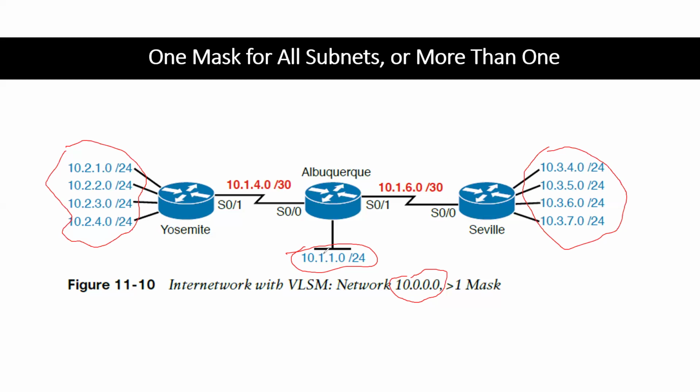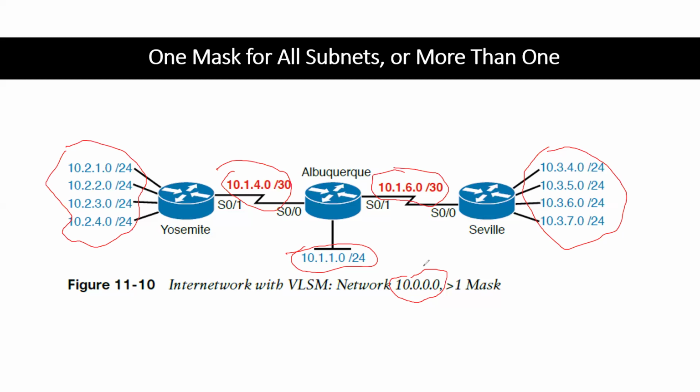Because you see 10.1.1.0/24, there's no continuation, so we have room for more. We went ahead and used it on our WAN, so we have a 10.1.4.0/30 for the connection between Yosemite and Albuquerque. But we still have some left within the 10.1, so we can assign a 10.1.6.0, and maybe between that, 10.1.5, something can be used for something else.